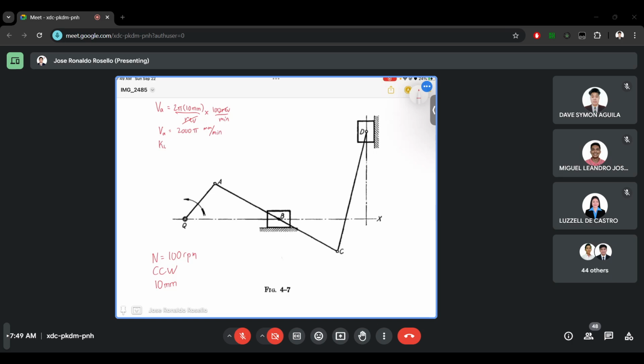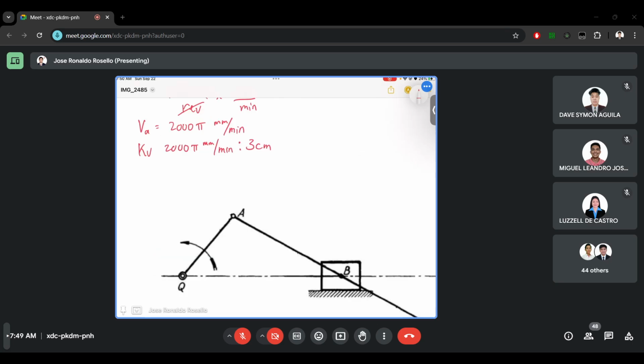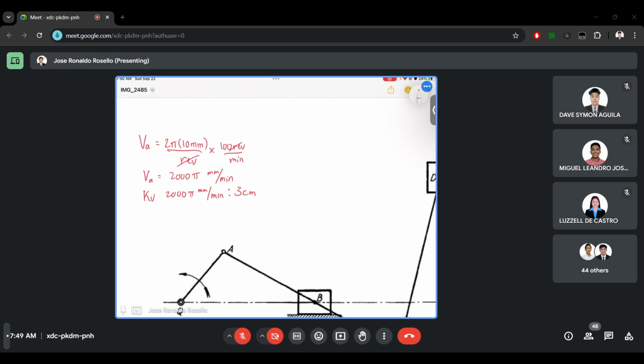Let's set a velocity scale. Let's say that for every 2000 pi mm per minute, we will have 3 centimeters in vector. So that's the velocity scale. If we apply this velocity scale to velocity A, velocity A will have a vector of 3 centimeters in length.